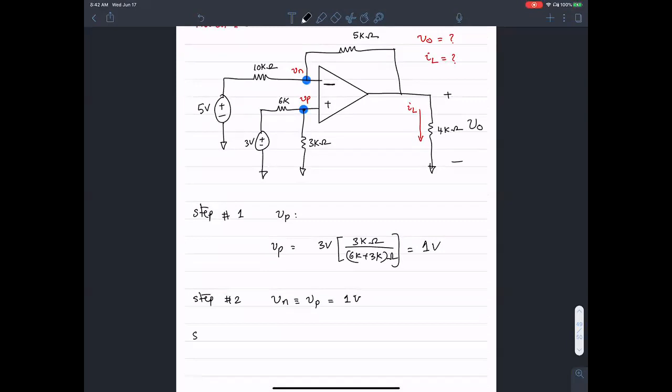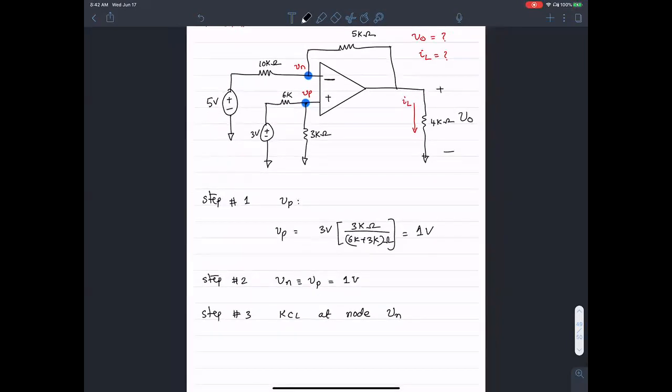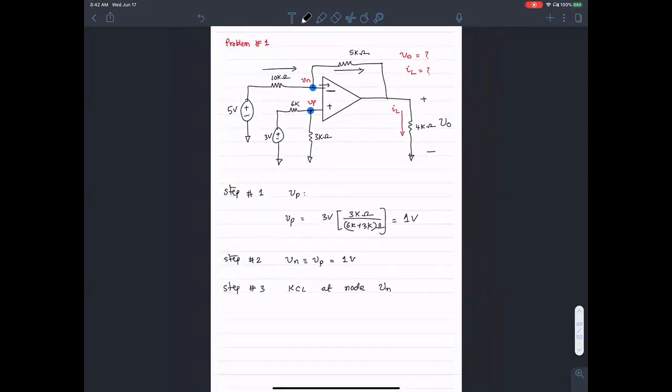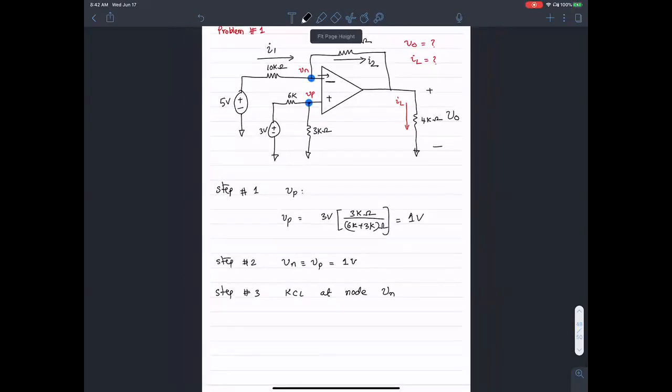Now I can write KCL at node Vn. The current coming in here will be the current going out there because there's no current going in here. The current coming in here would be I1, call this I2. I1 would be 5 volts minus 1 volt over 10 kilo ohms.